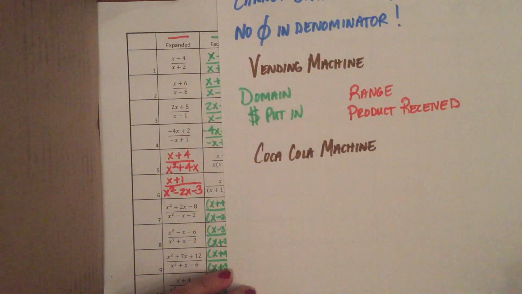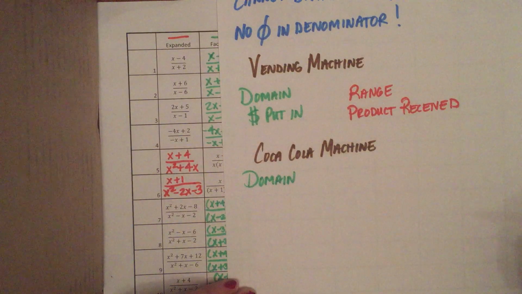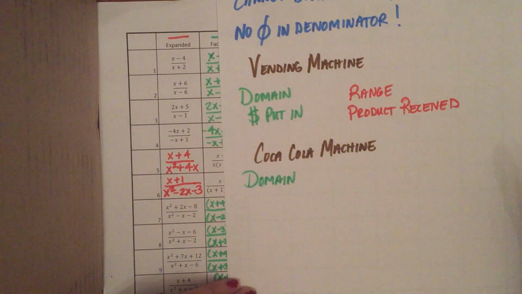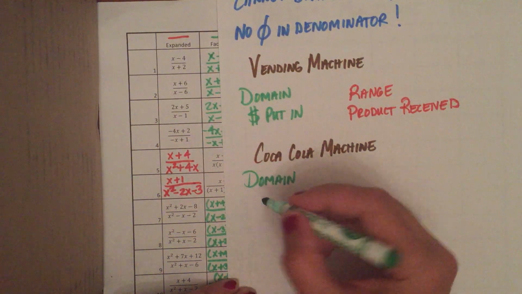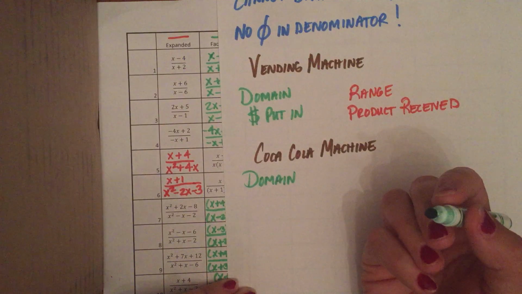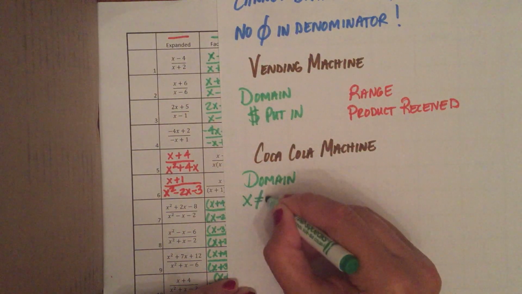Well, it's very specific. You cannot put every kind of coin or every kind of currency in a Coca-Cola machine. So what are some things you can put into a Coke machine? Well, let's look at coins first. You cannot put pennies, so your domain, x, could not be pennies.